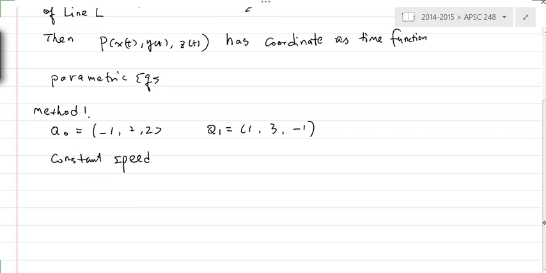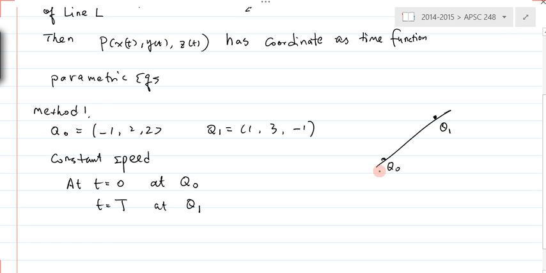Okay, so for example, I'll do this one here. At t equal to 0, we're at this Q naught. And at t equal to some other time, capital T, we're at Q1. Okay, so Q naught is here and Q1 is here.